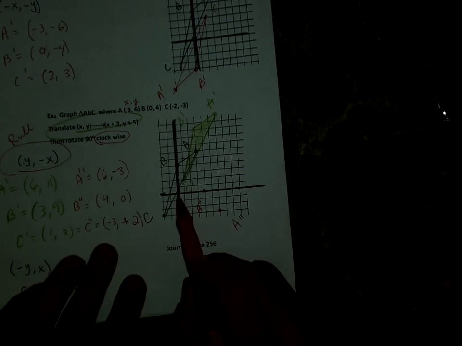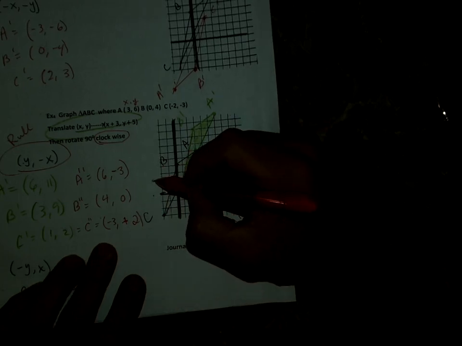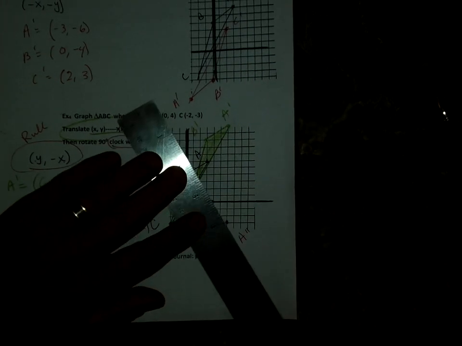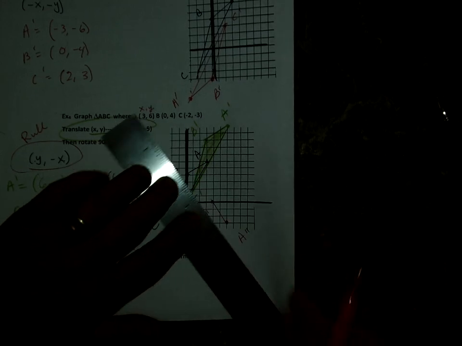So let's see. 1, 2, 3, 1, 2. There's C double prime. Let me go ahead and draw that out and see if you guys can see this. Okay, boom, boom, and boom. Okay, here's my new triangle.